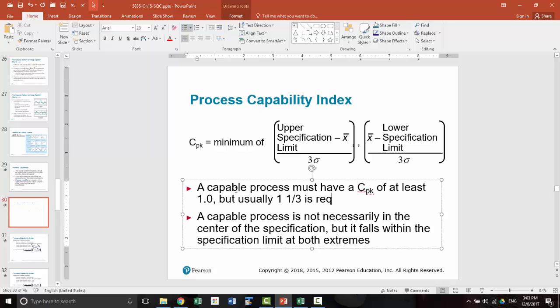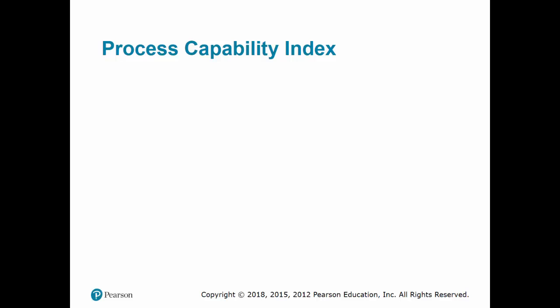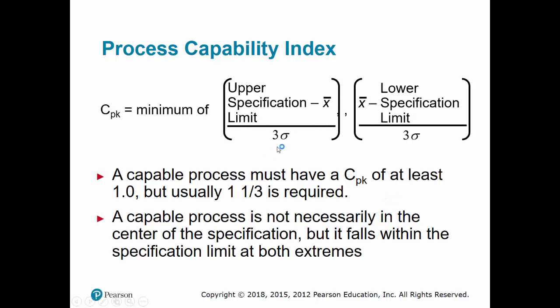If you require 1 and 1/3 for C sub pk, what that means is, even if it is 4 sigma, suppose instead of dividing by 3 sigma you divide by 4 sigma, you will get 1. So that means your production process sigma is so small that if you go from the midpoint 4 sigma up and 4 sigma down, it will still fit into the specification limits.